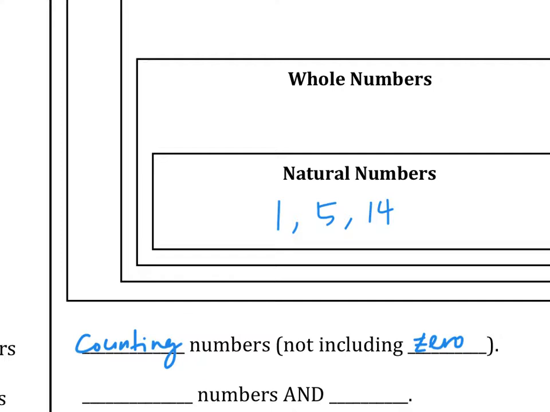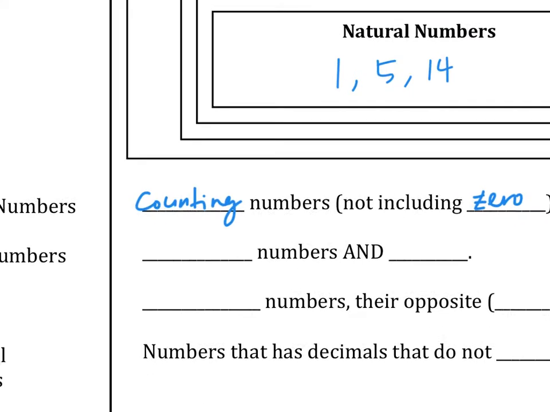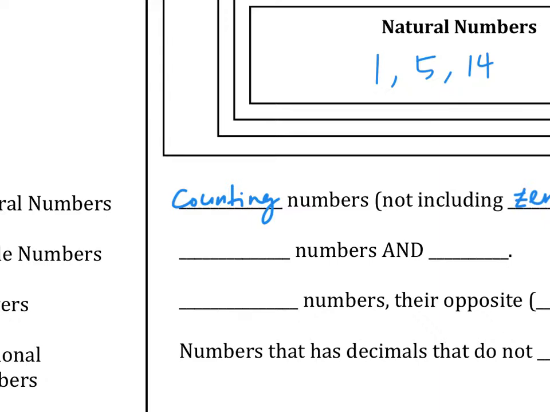Yes, so you can include 0. So 0, 1, 5, 14. Those are all whole numbers. The difference is that whole numbers have one more number, which is 0. So on our categories, whole numbers are natural numbers and 0. Okay, so that is our next set of numbers.